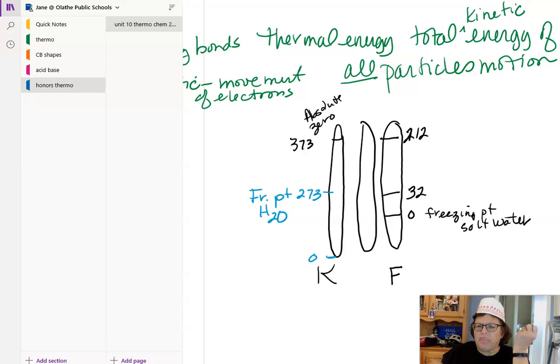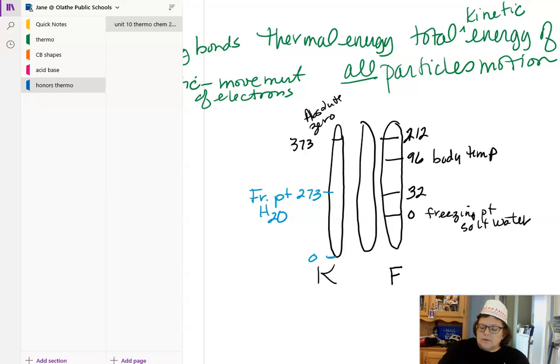Now, how did he come up with that? He had actually gone to visit somebody who made thermometers, and he used some of his information, and he set 96 as body temperature.